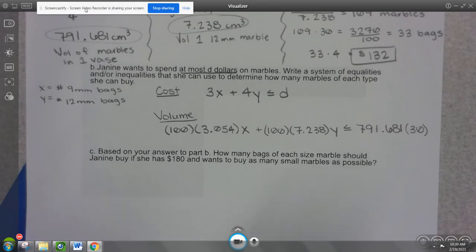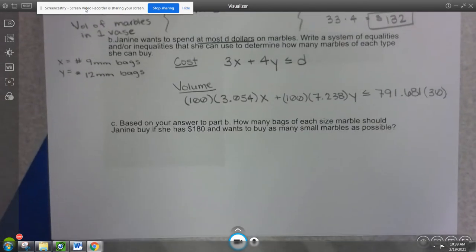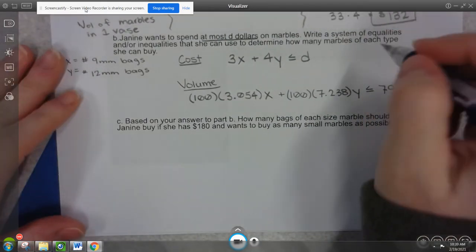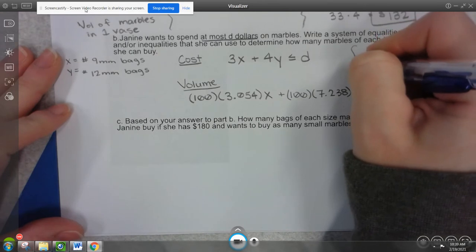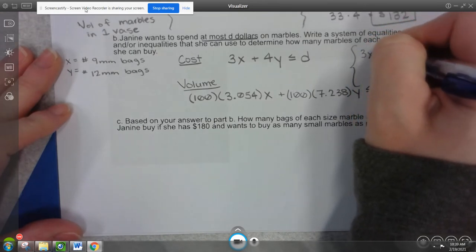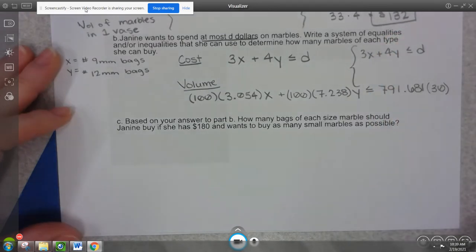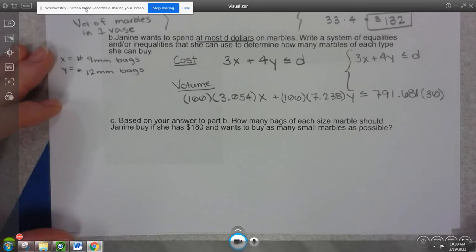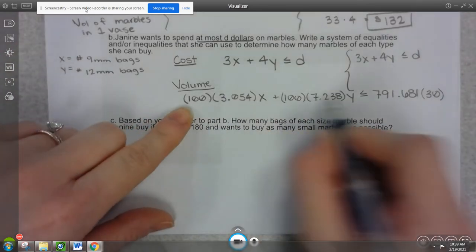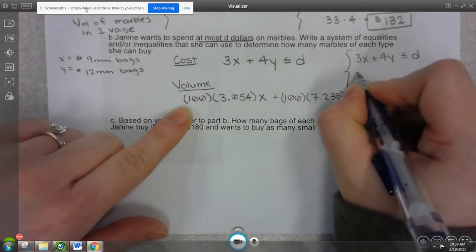Now I can simplify this before I graph it. And I'm going to actually put my system over here to the side. So I'm going to have 3x plus 4y is less than or equal to d. And then I'm going to actually just multiply these things together, and that's how I'm simplifying my second equation.